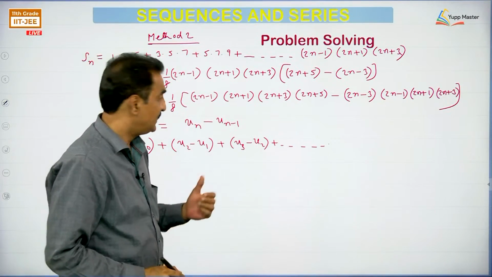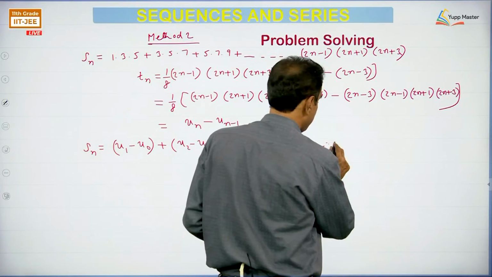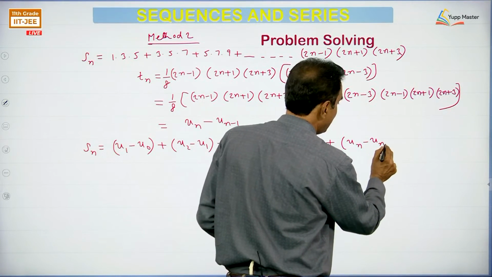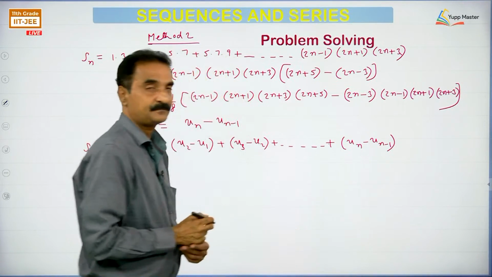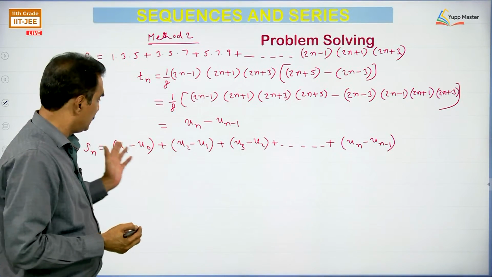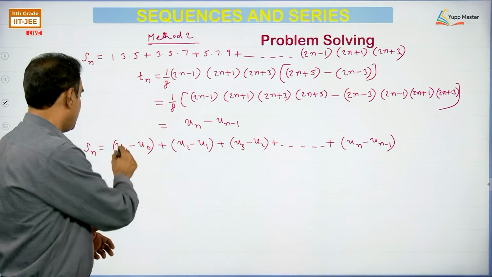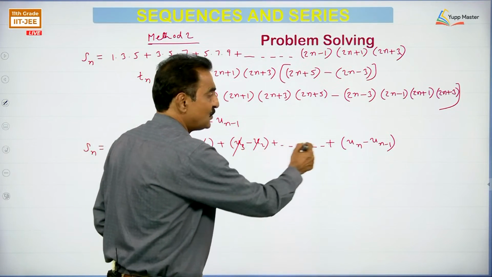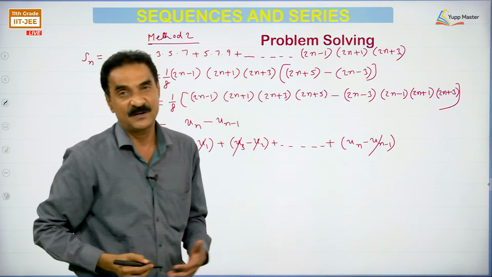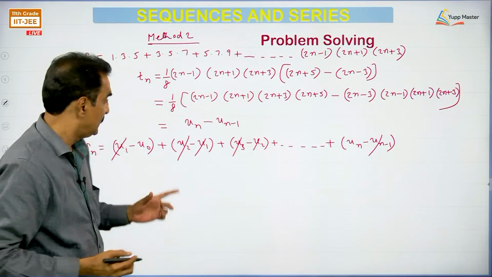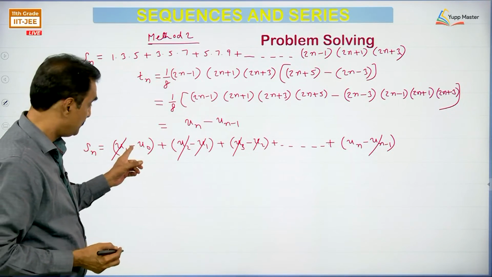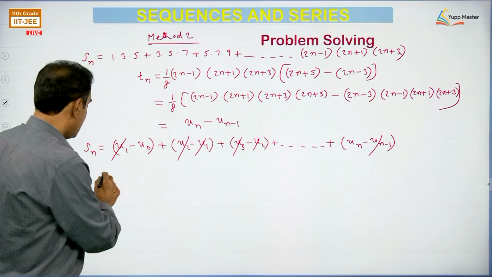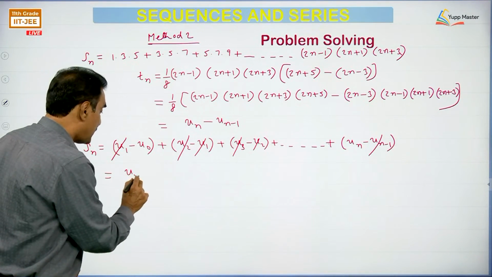Finally, putting n is equal to n, un minus un minus 1. Now cancel the terms: u1 cancels, u2 cancels, u3 cancels and so on, un minus 1 also cancels. What is remaining? Minus u naught and plus un. So it is un minus u naught.